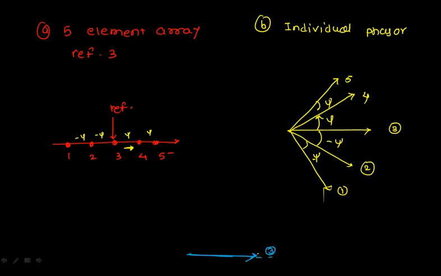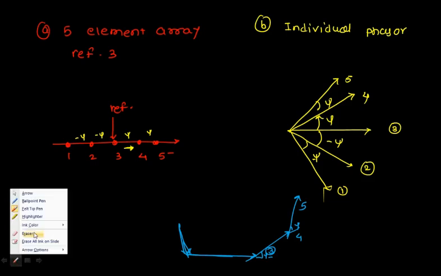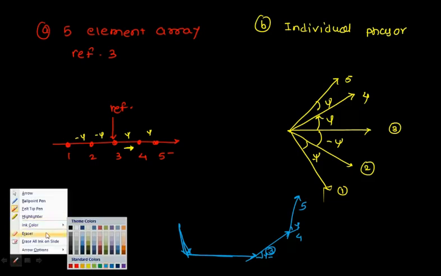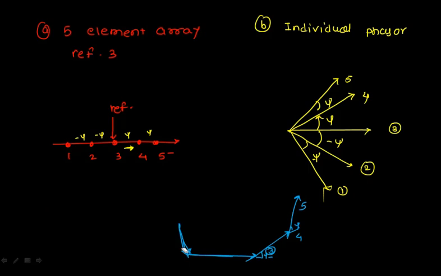So this is your source number 4 जो आपको lead कर रहा है, ये भी आपको lead कर रहा है 5. The angle between this is nothing but psi, this is also an angle of psi. What about the other two? They are lagging, ठीक है. So this is 2 and this is again, if this is 2 I can say this will be the, just give me a minute so I can put it properly.